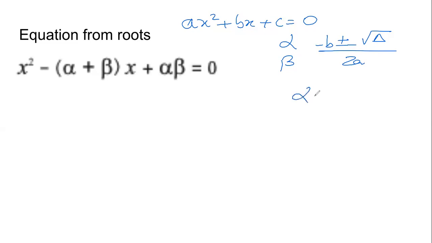Suppose alpha equals 3 and beta equals 2. And we have to find out what is the equation for which these are the solutions. So what are we going to do? We will find alpha plus beta. Quickly tell me, what will be alpha plus beta in this case? Alpha equals 3 and beta equals 2. How much will be alpha plus beta?